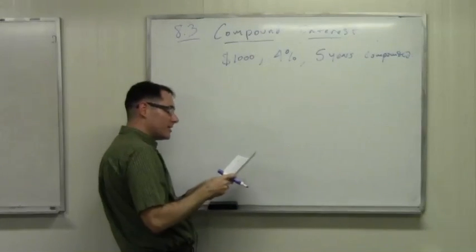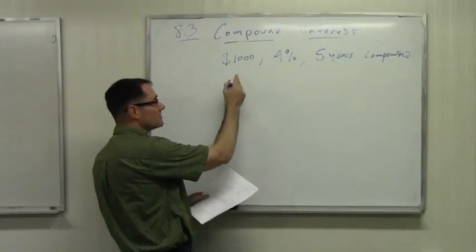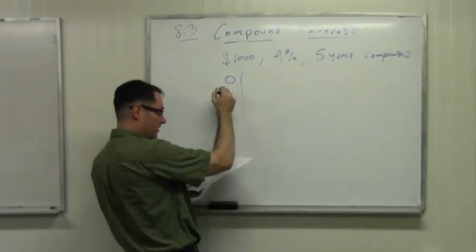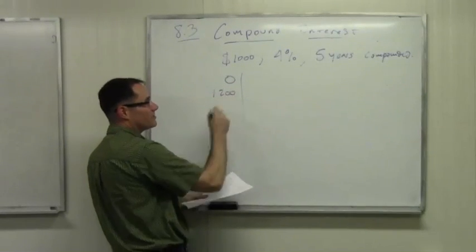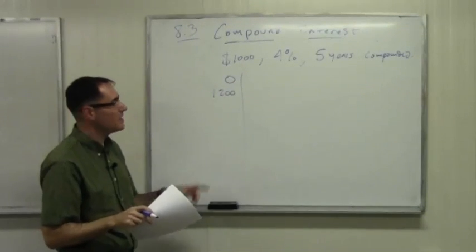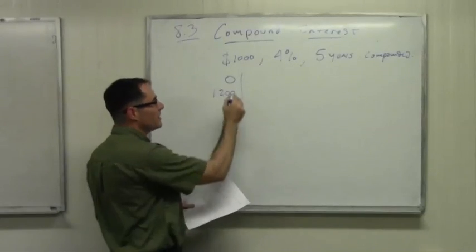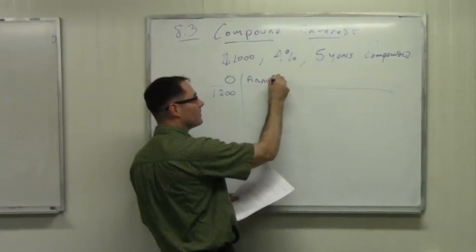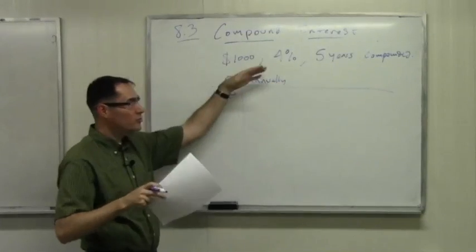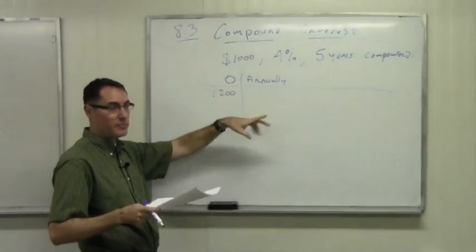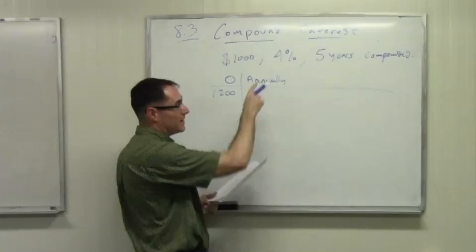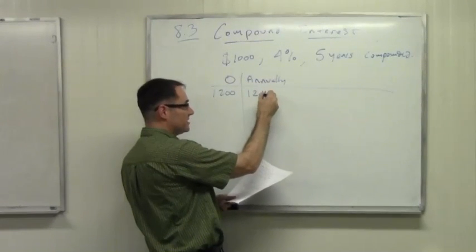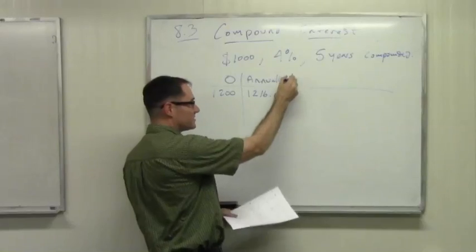If we compound it 0 times, let's say you don't ever compound it, it's simple interest, we would get $1,200 out of that. If, however, you compound it annually, you could do the calculation. Annually would be 1 time per year times 5 years. You could plug this in. You'd get $1,216.65.